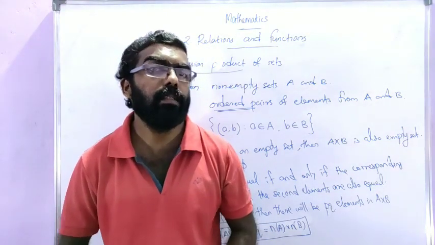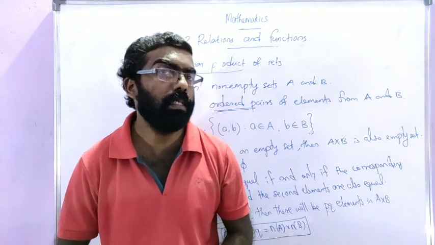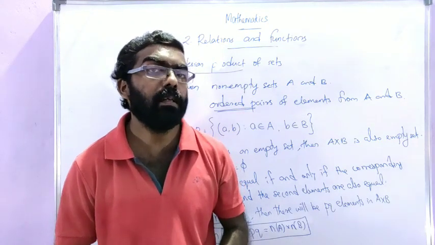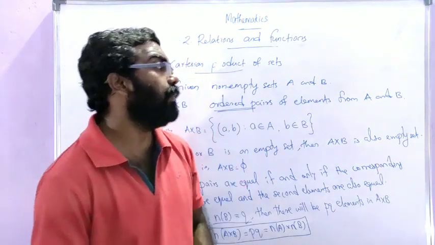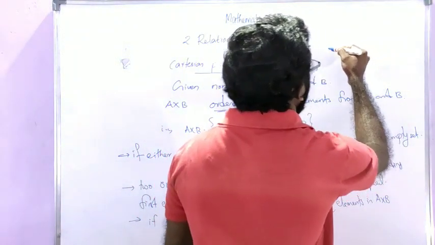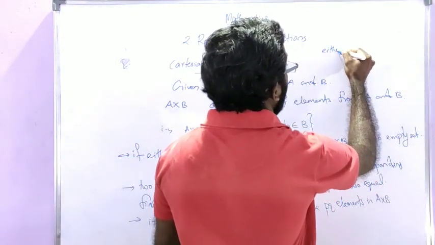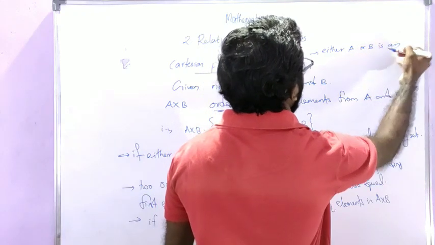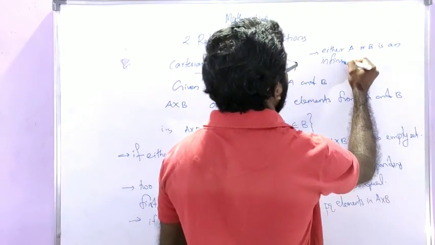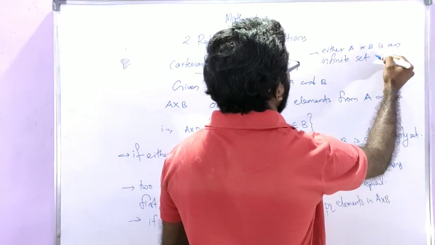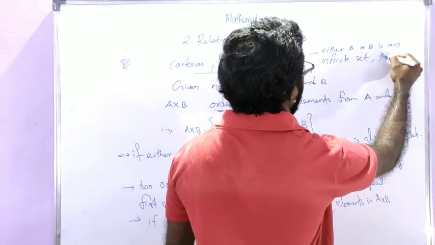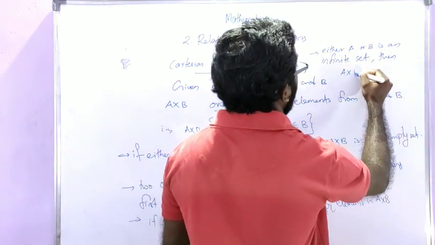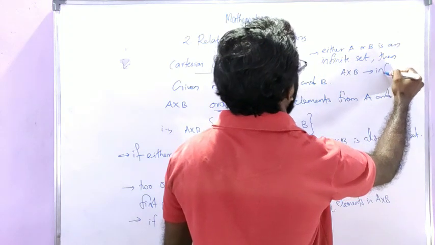Now the next point is, if A and B are non-empty sets with either A or B an infinite set, then so is A cross B. That means A cross B is also an infinite set.